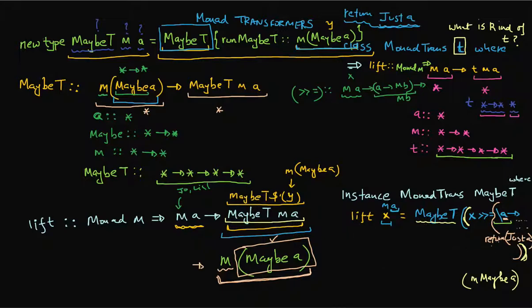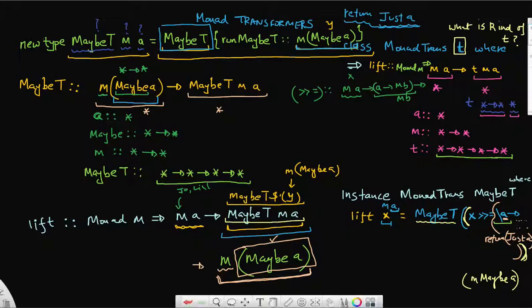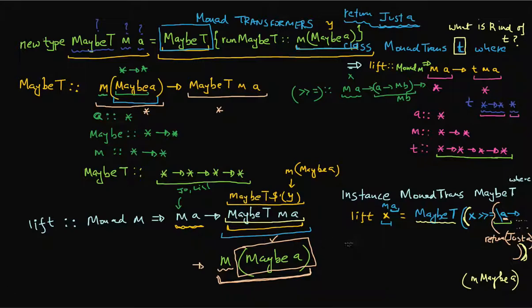Okay, and again, I can definitely get this a little bit more simplified by just saying lift of x is equal to maybe of t, and this takes in x, and instead of creating this anonymous function, I can just use function composition where I can say return dot just.